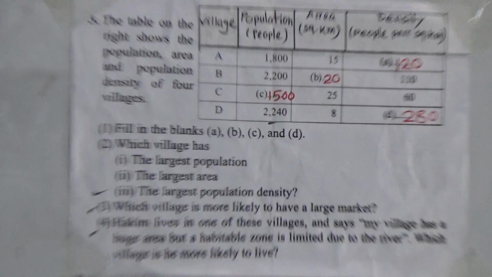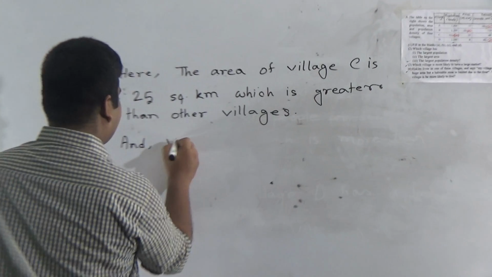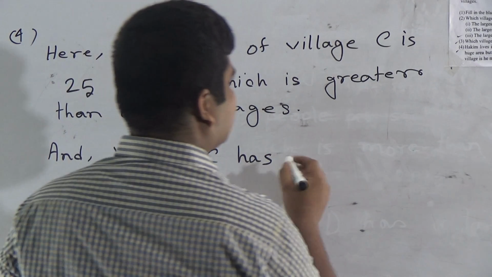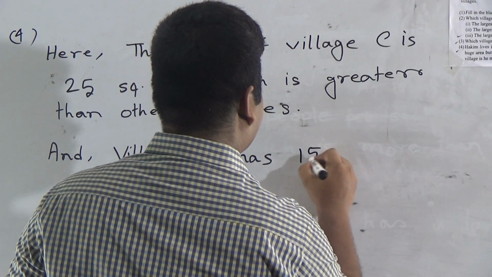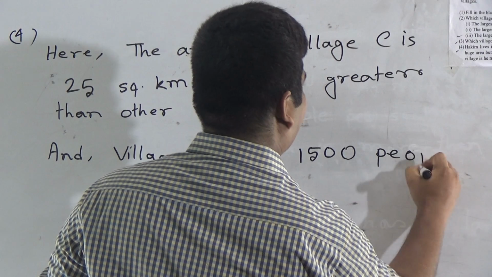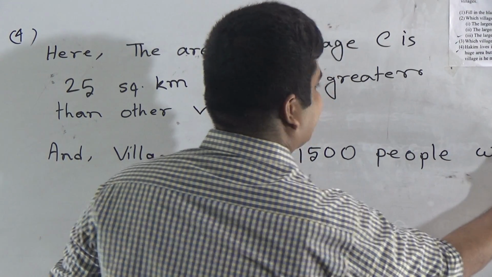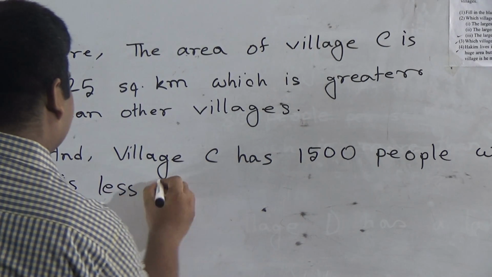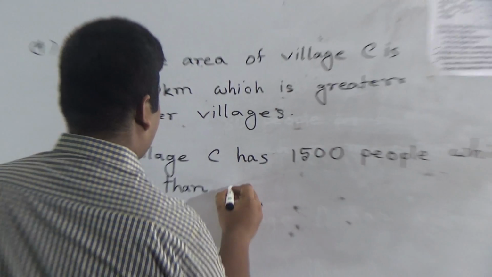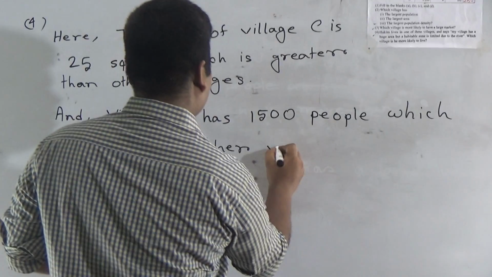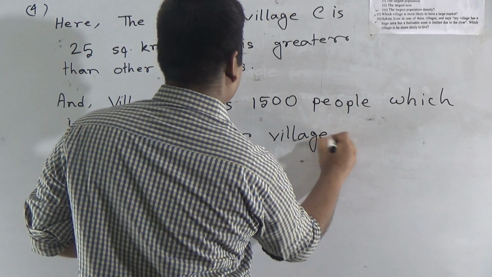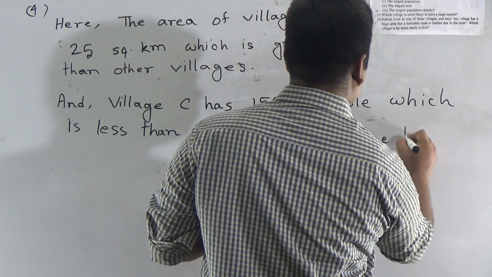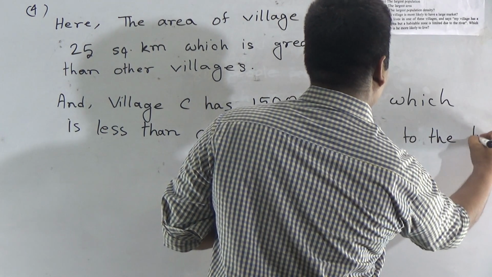So village C has 1,500 people, which is less than other villages due to the river.